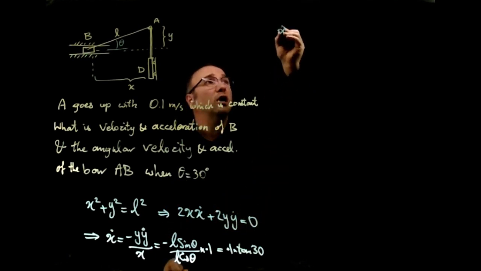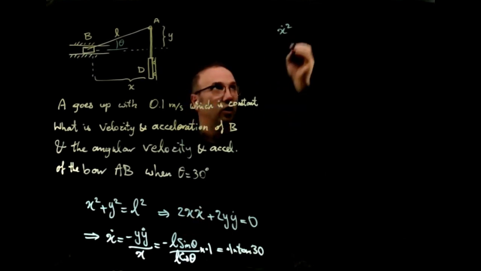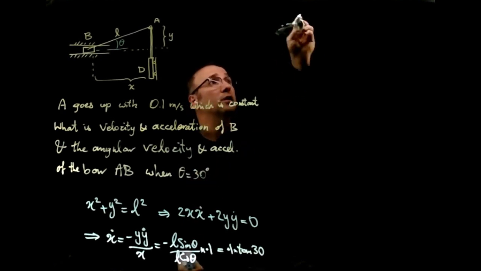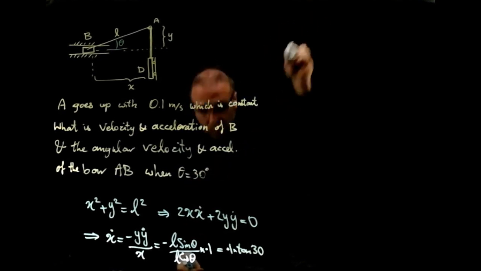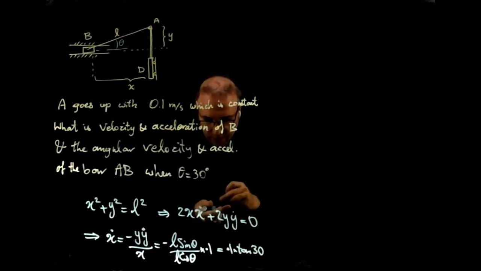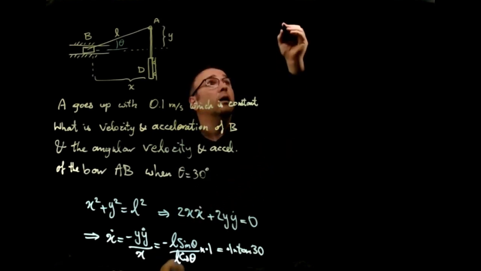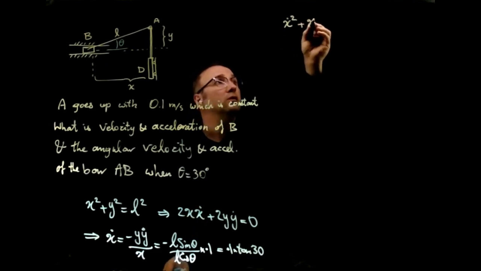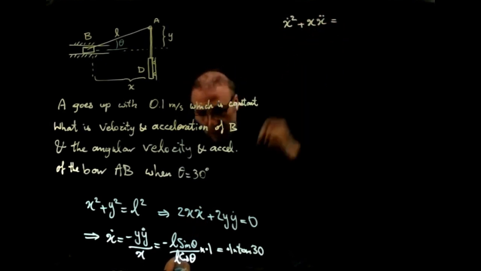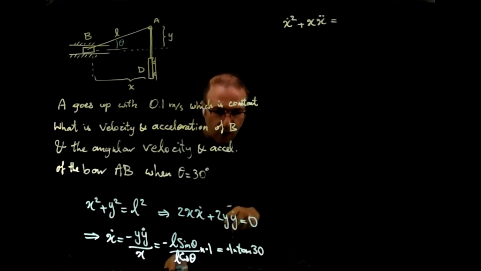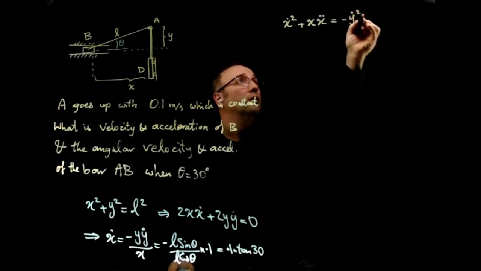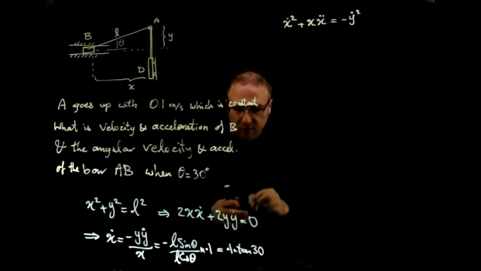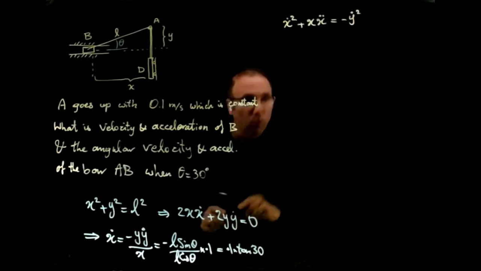I would have x dot times x dot, which is x dot square, plus x double dot, equals negative y dot square, minus, because I brought this to the other side, y double dot.